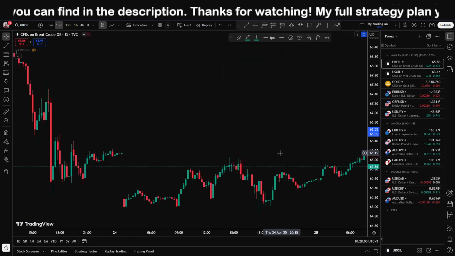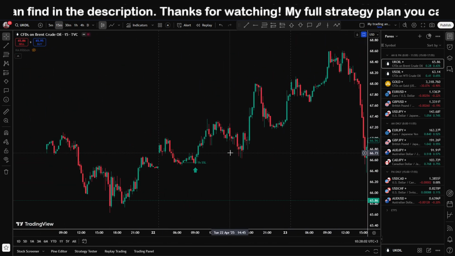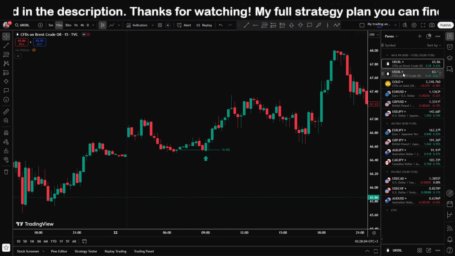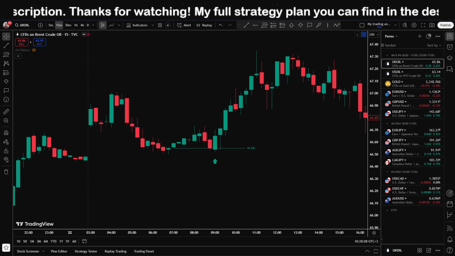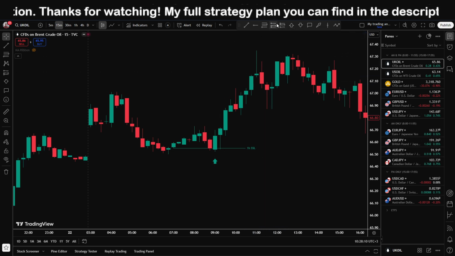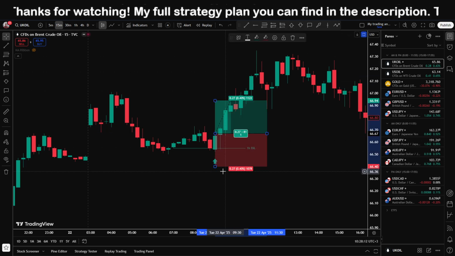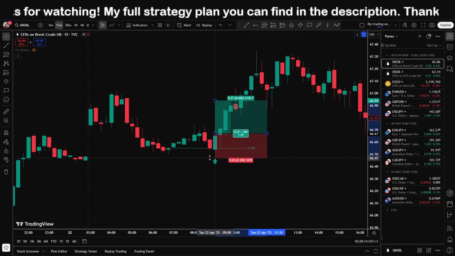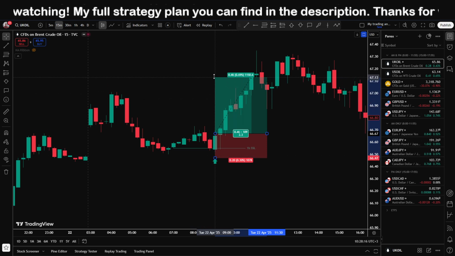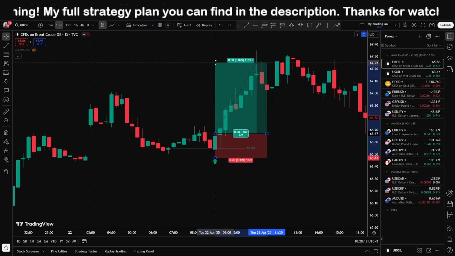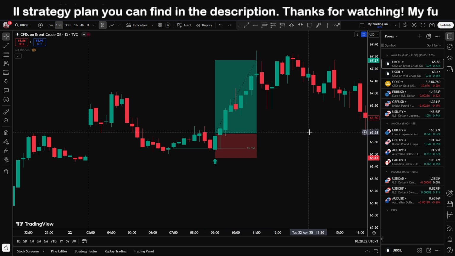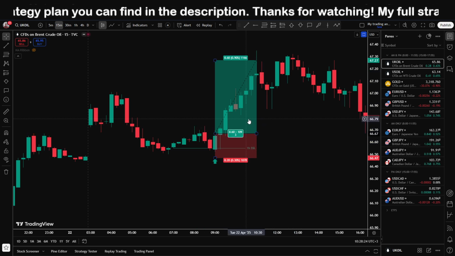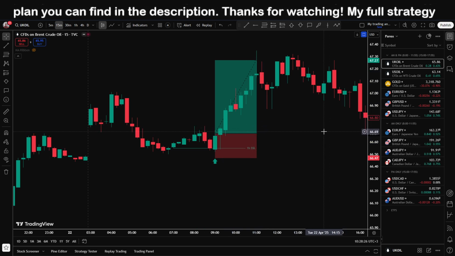The structure is the same as US oil. You can see the bearish bar, the bullish bar, the reversal structure. Again, stop loss of 20 pips and risk reward ratio 1 to 3. Another trade in profit from Tuesday.